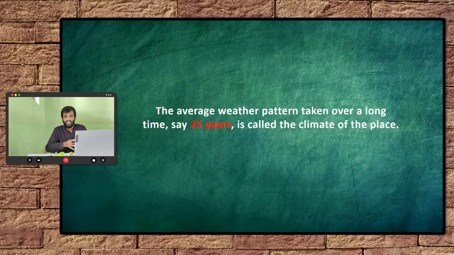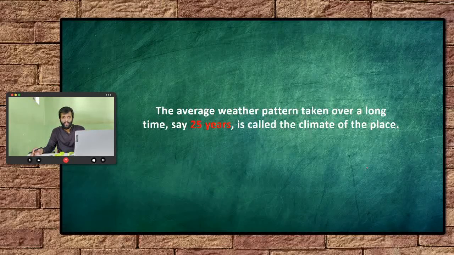Based on that, if we get very low temperatures for 25 years, that means the climate of that place is cold.